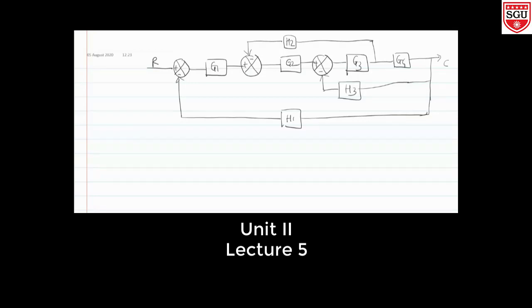Is it possible to combine? It is not possible, because there is one take-off point here. So G3 and G4 we cannot combine. But suppose I shift this take-off point here. By using our take-off point shifting rule, what will be the answer?